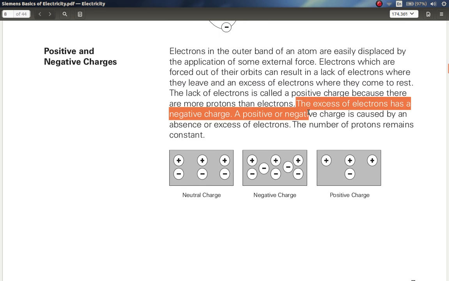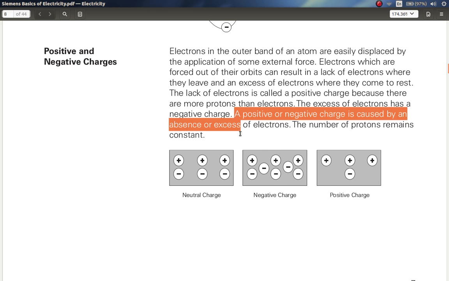The excess of electrons has a negative charge. So whichever atom the electron went to, it was neutral and just got an extra electron, so it is negatively charged. That atom is now negatively charged.